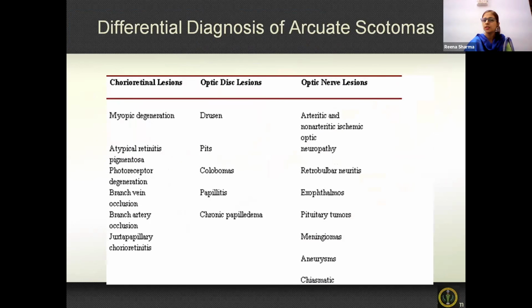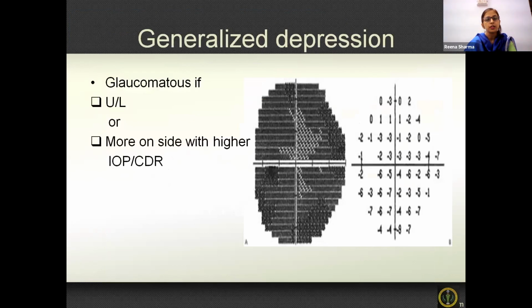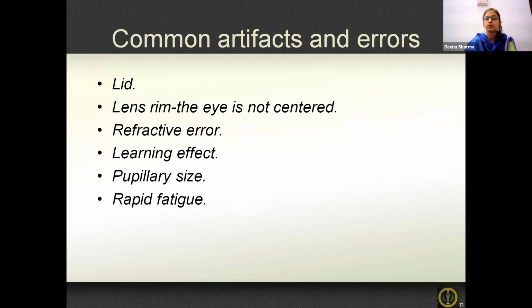Though arcuate scotomas may be because of other causes as well, so we should have a look at the dilated fundus before we label it glaucomatous. Generalized depression is considered glaucomatous if it is unilateral or if it is more on the side with higher IOP or cup disc ratio. Multiple artifacts are also possible, so we should correct for each of these.